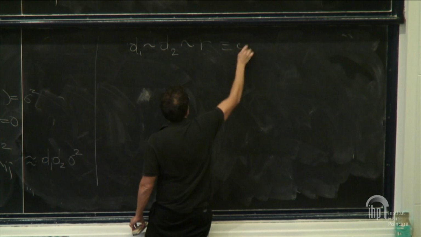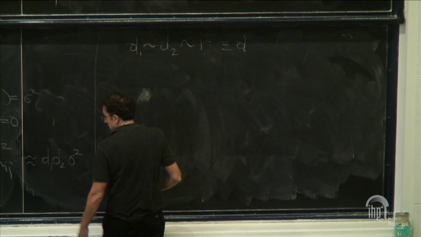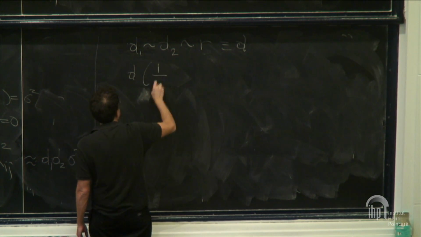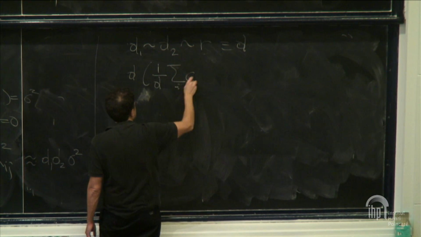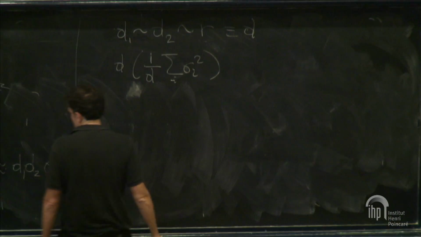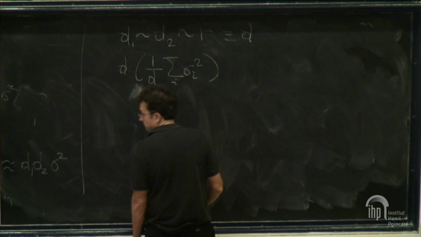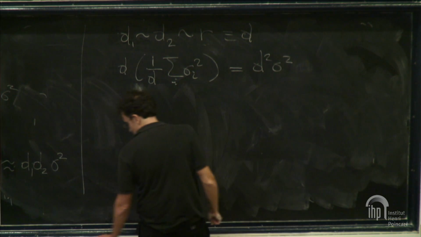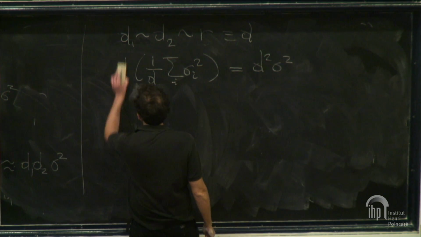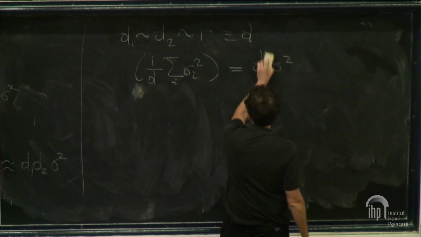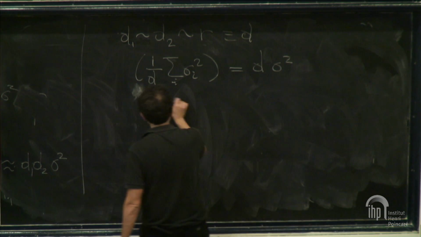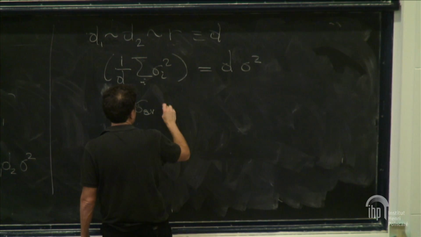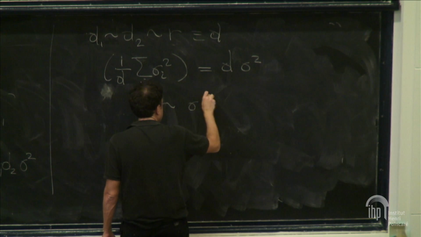Let's call this order d. Then this says that d times 1 over d sum over i of sigma i square is equal to d square sigma square. And if I simplify a d, I get this. So the average singular value, or the root mean square average singular value, is of order sigma times square root of d.